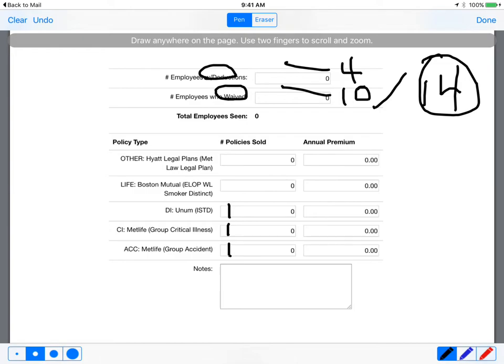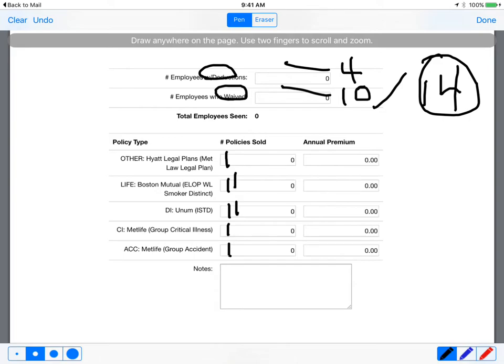And let's say another person just took short-term disability, and then one person took the legal plan, and then one person took the life insurance. And then somebody came back and said that one of your 4 said, yeah, I want some life insurance as well.